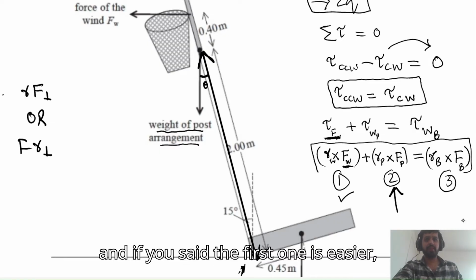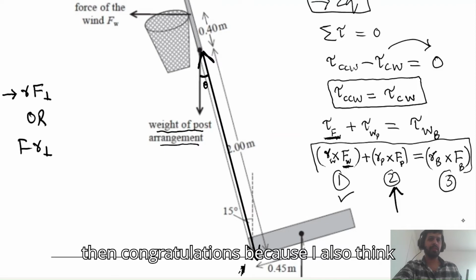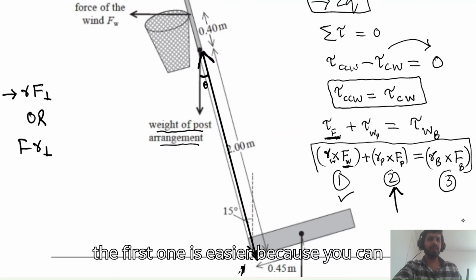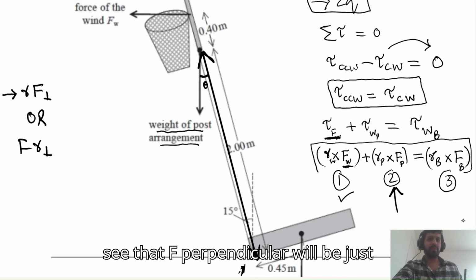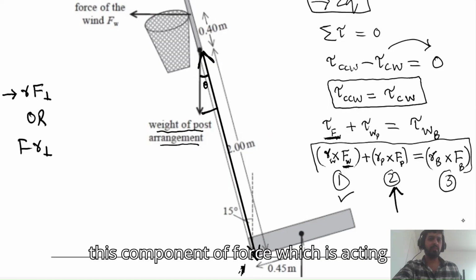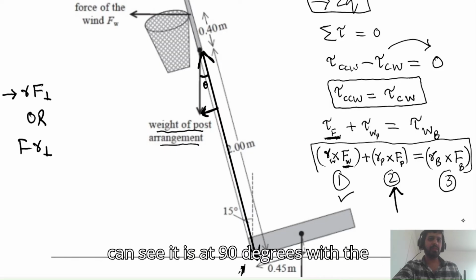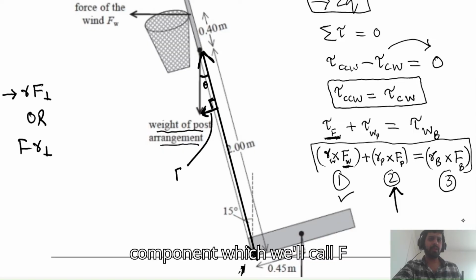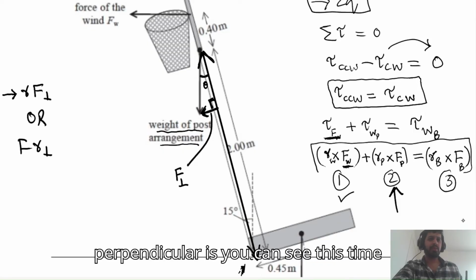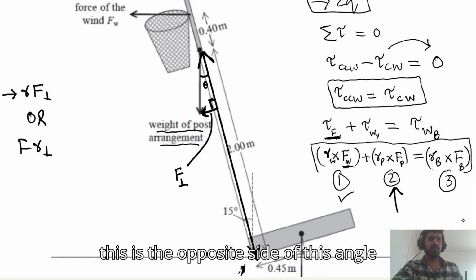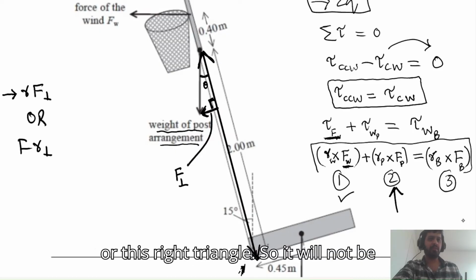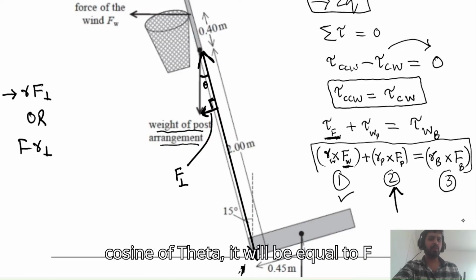And if you said the first one is easier, then congratulations, because I also think the first one is easier. You can see that f perpendicular will be just this component of force, which is acting straight down. This component is at 90 degrees with the direction of r. And this component, which we'll call f perpendicular, is, this time, the opposite side of this angle in this right triangle. So it will not be cosine of theta.